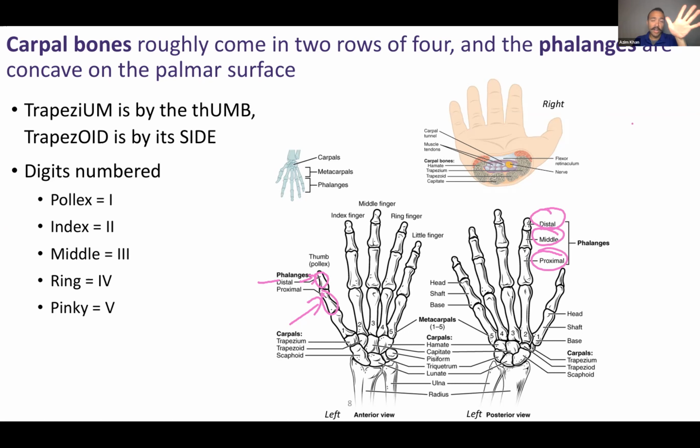For your pollex, you could call it proximal phalanx 1 or proximal phalanx of the pollex, either way. This will all make more sense when we take a look at Complete Anatomy, and also when you see it in person.